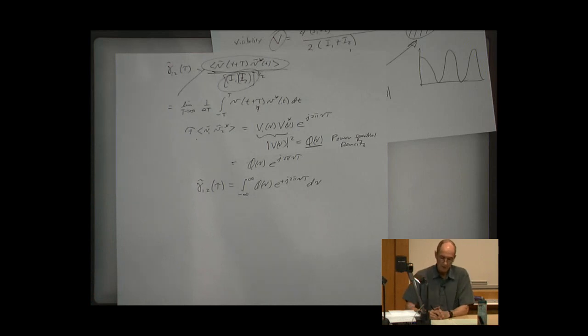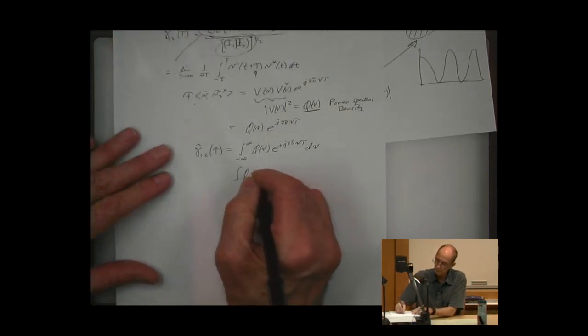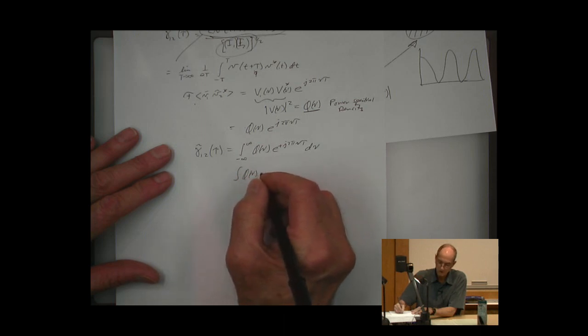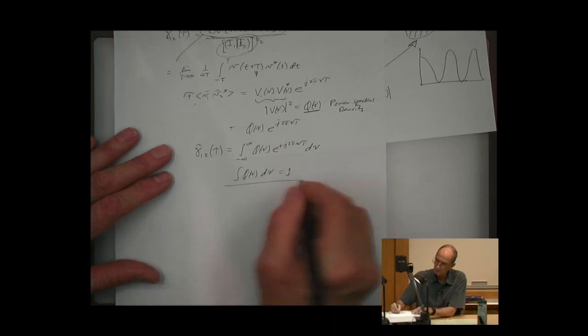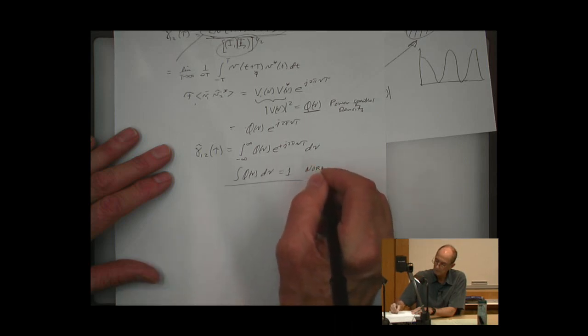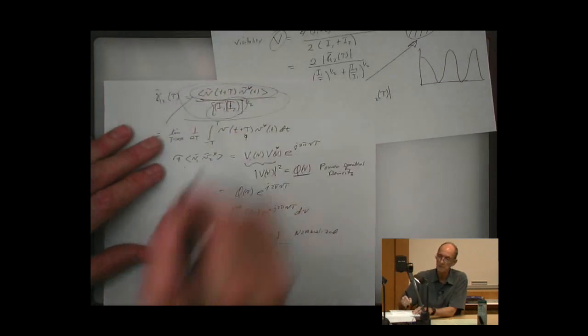Okay. And with the notion that the integral of phi of nu d nu is equal to 1. So it's normalized, which is kind of what we have up here as well.